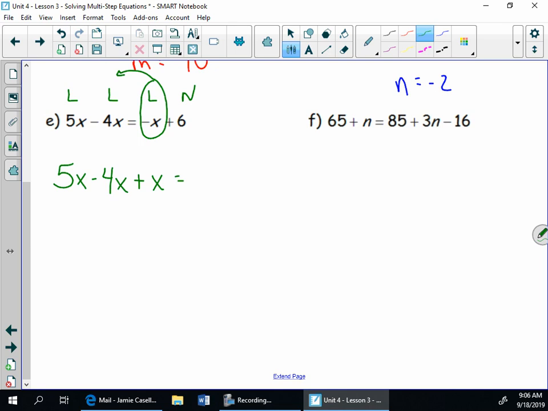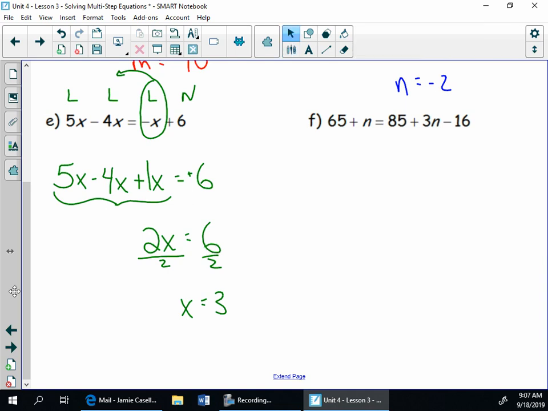What's left on the right side? Just 6. It's a positive 6. You can put the plus if you want to, but you don't have to. We know it's there. Okay, also, there's a 1 in front of this. And we can collect these things. What's 5 minus 4 plus 1? Well, that makes 2 x's. We don't want 2, we want to know what just x is. So we've got to divide by 2. And x is 3.